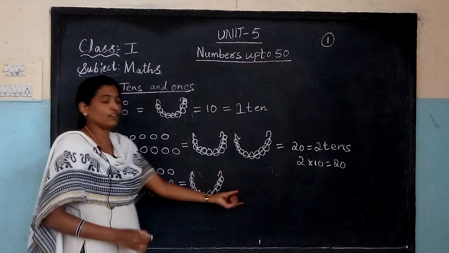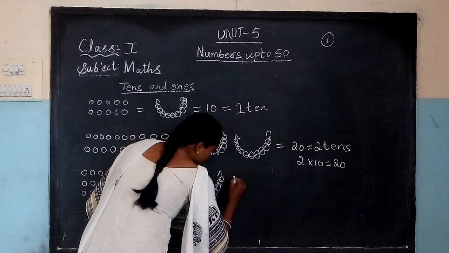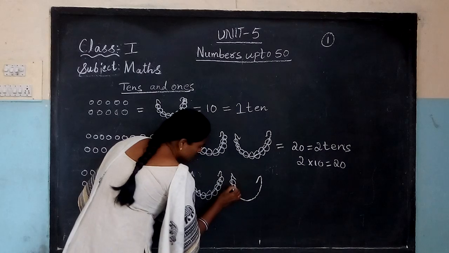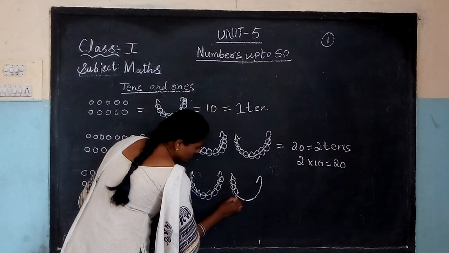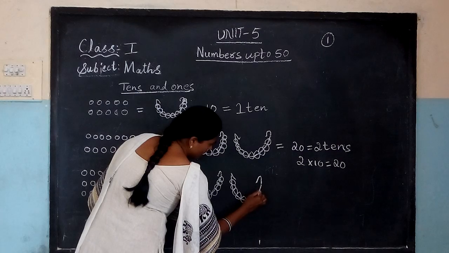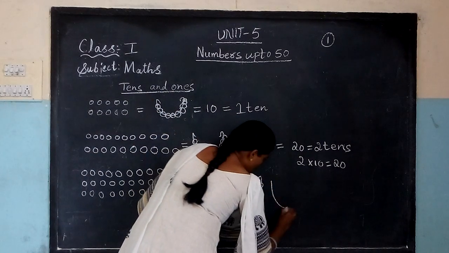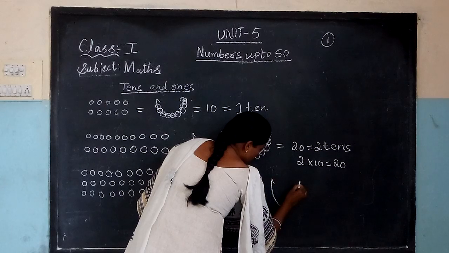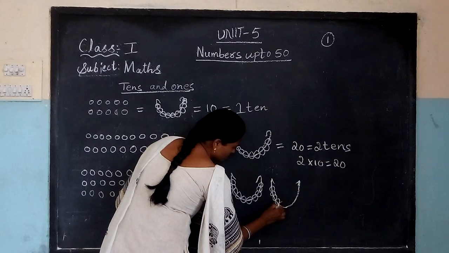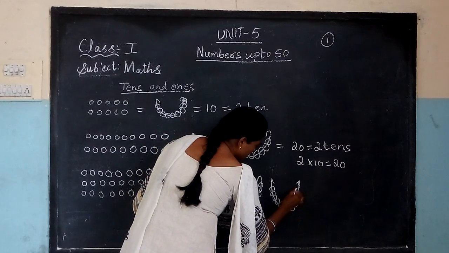10 completed. Still how many do you need? One more. Still 20. 1 to 10. 20 completed. Again one more garland. 1 to 10.